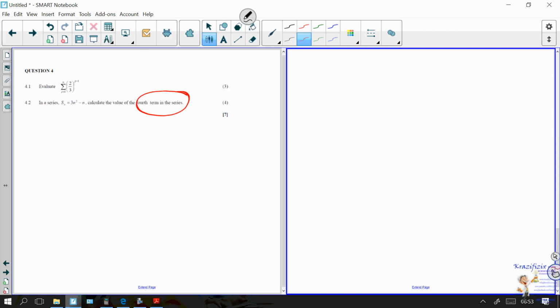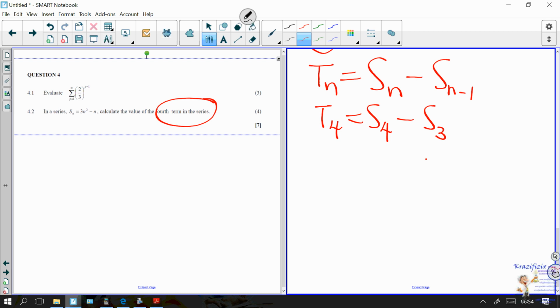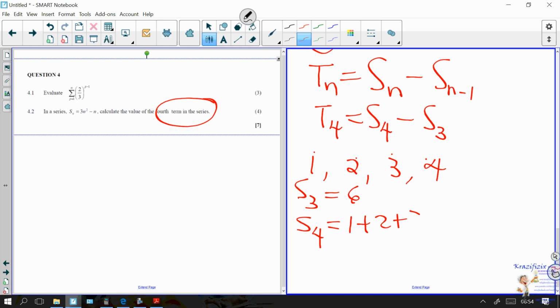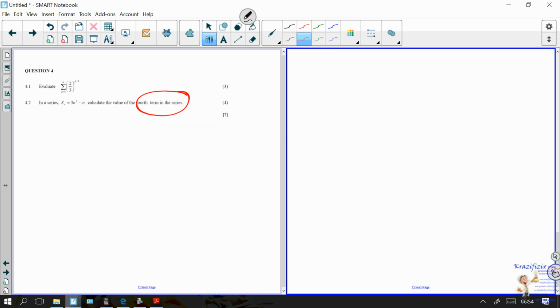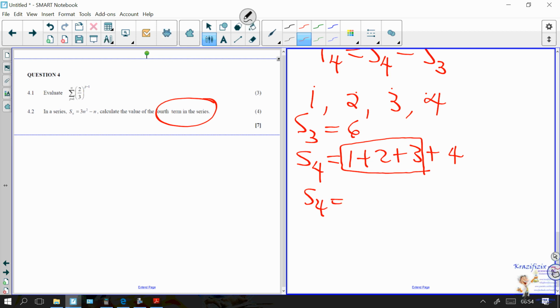Let me explain what this is to you. If I have 1, 2, 3, 4, what is the sum of the first 3 terms? 1 plus 2 plus 3 will give me 6. Now, what is the sum of the first 4 terms? It is 1 plus 2 plus 3 plus 4. S4 equals the sum of the first 3 terms plus the 4th term.